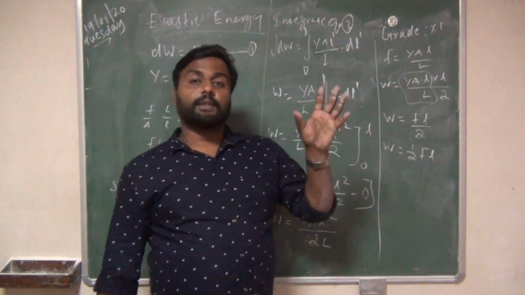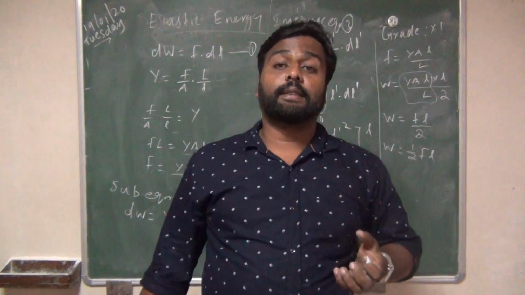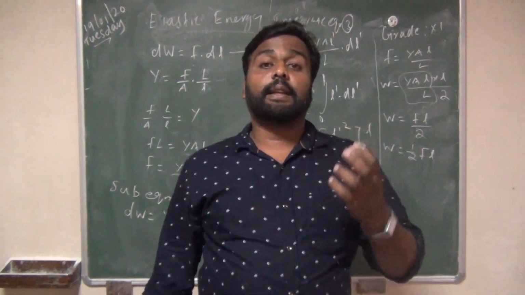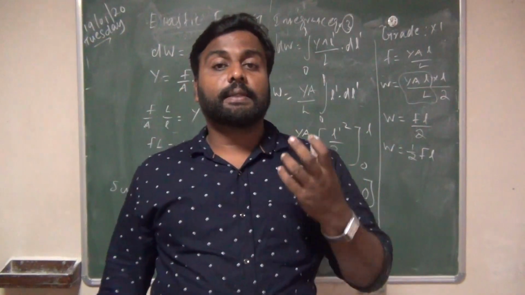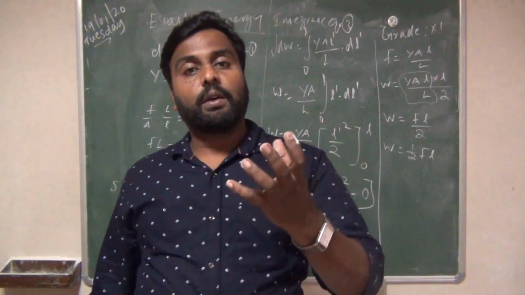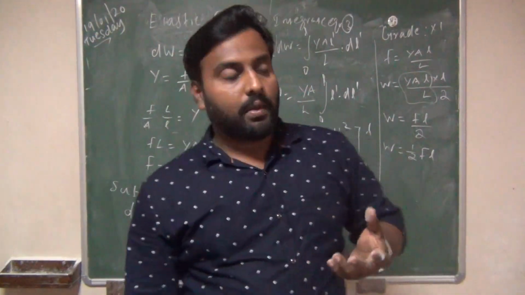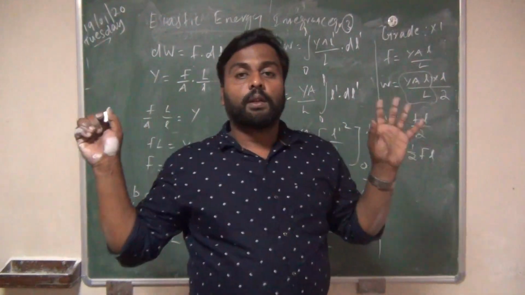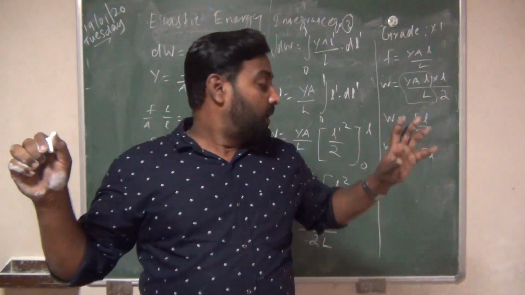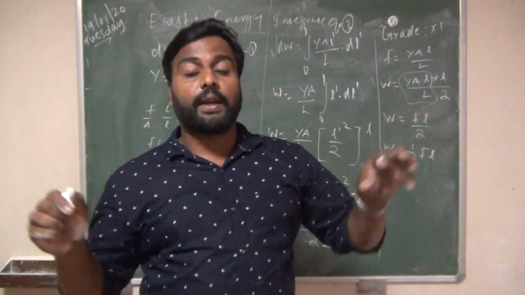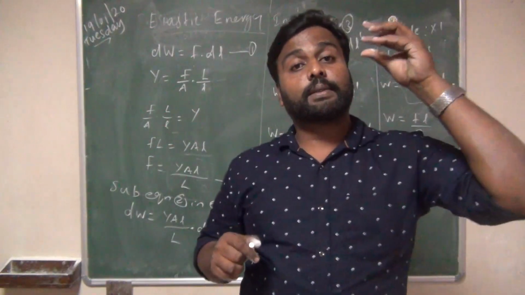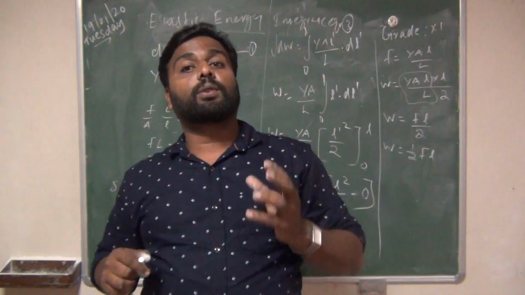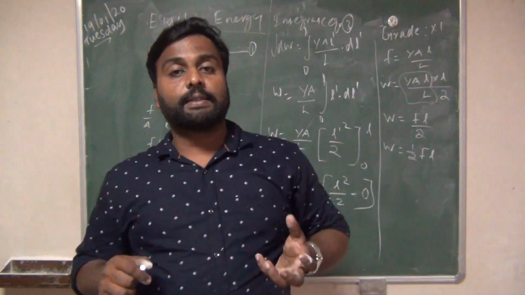Now what we have to do means we have to find out the energy density. Energy density means what? Energy per unit volume. Now here we have found the work done for the whole length, and from this we are finding the energy, because the work done is equal to the elastic potential energy.